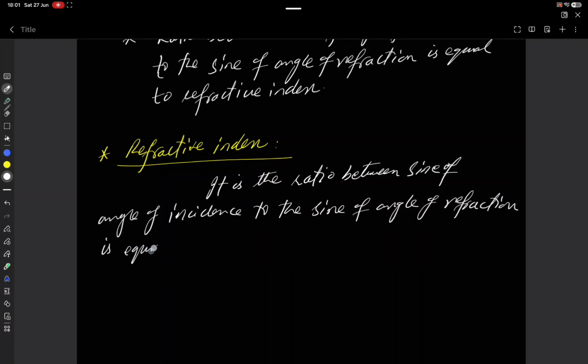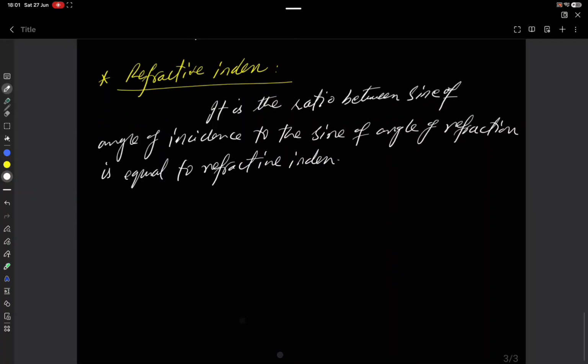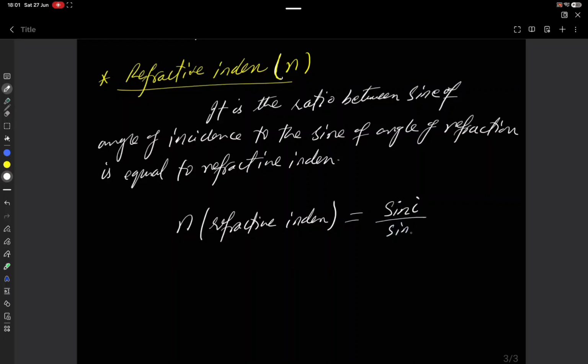Formula: refractive index is represented with n. n is equal to sine i divided by sine r. This is the angle.